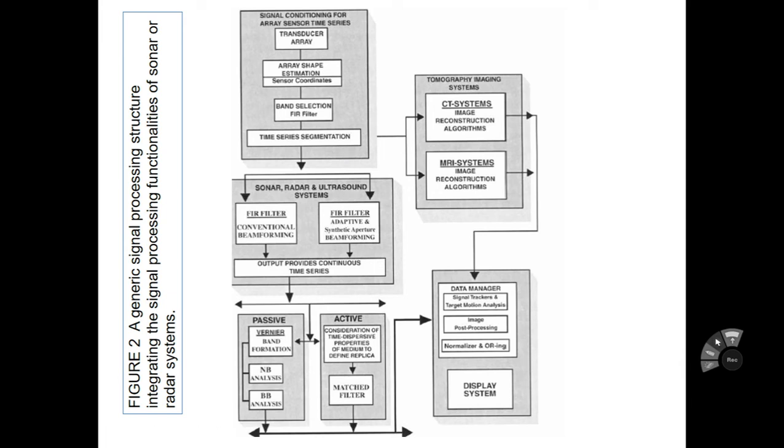As you can see, the first one is the array of signals like in the previous figure, the middle block is the signal processing system, and the third one is the active and passive sensor, and then the data manager is connected with the active and passive sensor, and finally this is the display.